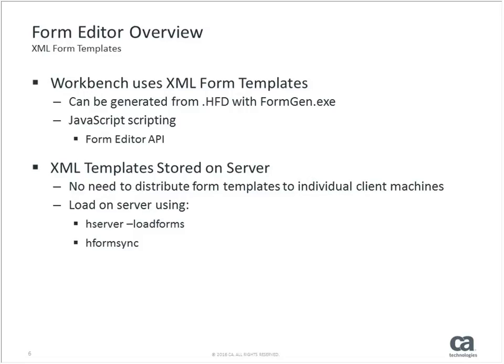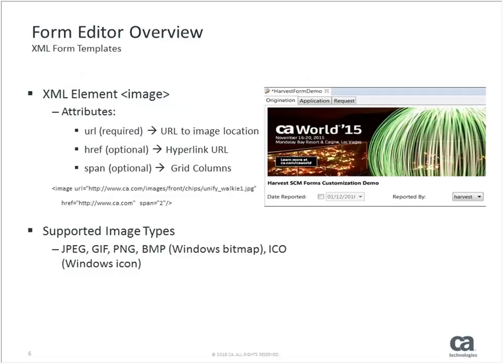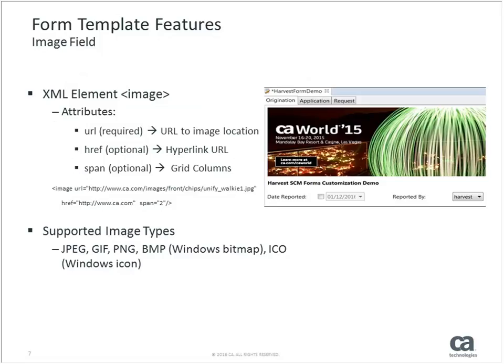Coming to each individual attribute of the form customizations, we have support for the image tag, wherein we have the option of providing the URL of the image. We can also give an href to it, and span is optional, in which we say how much of the grid the image should occupy, whatever grid we associate with the form.